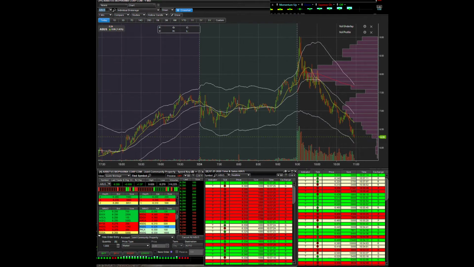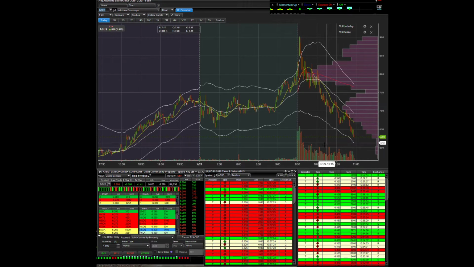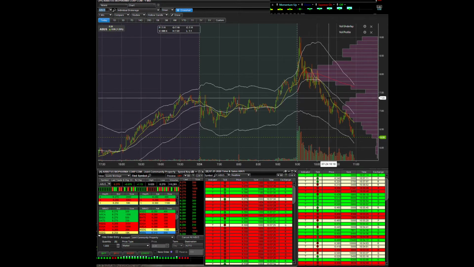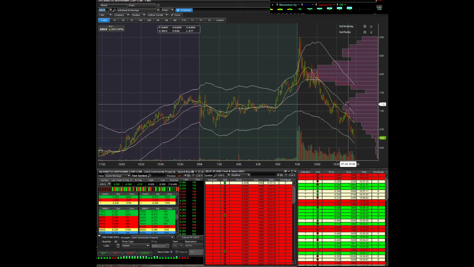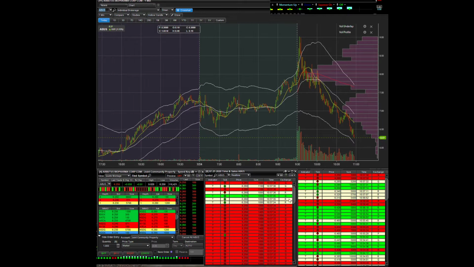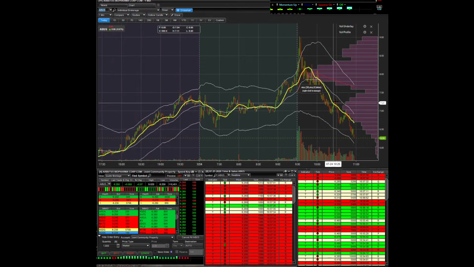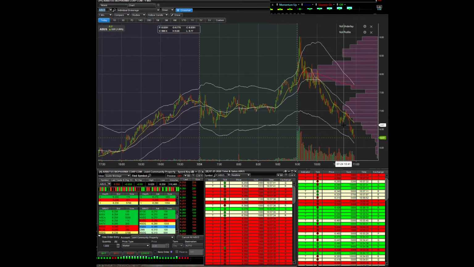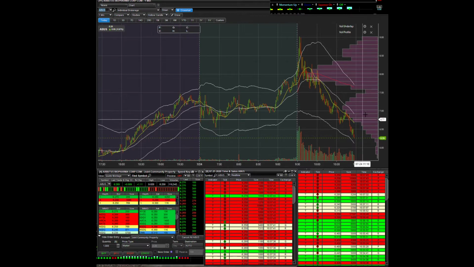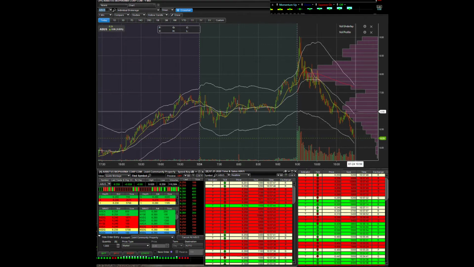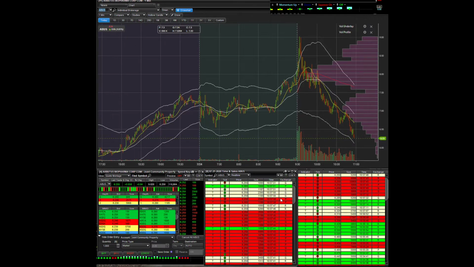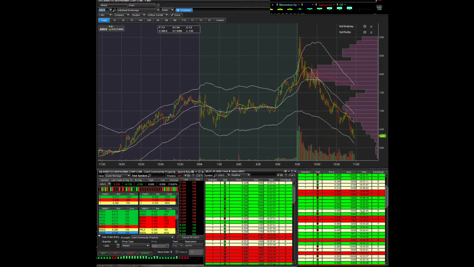Do you see the algo on the tape? Yeah, so what you see, Josh, you see how they're stair-stepping this down? And you'll see big orders. They'll stair-step it down, and then they'll pull it and let the bounce happen to come back up. Then they'll put it back on and stair-step it down, and you can actually see it on the tape going through.